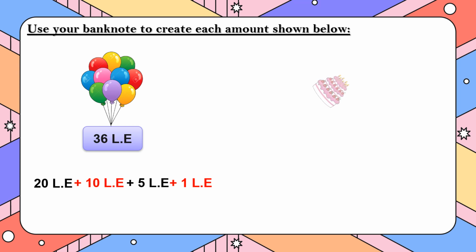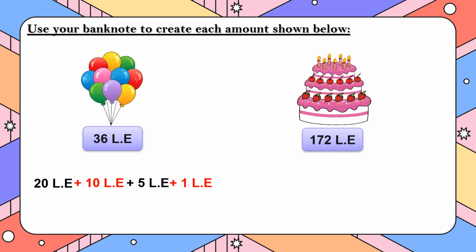Another one, this cake for 172. We have the total value and we want to decompose the number. Do we have banknote called 100? Yes, so we will put 100 LE. 70. Do we have banknote called 70?